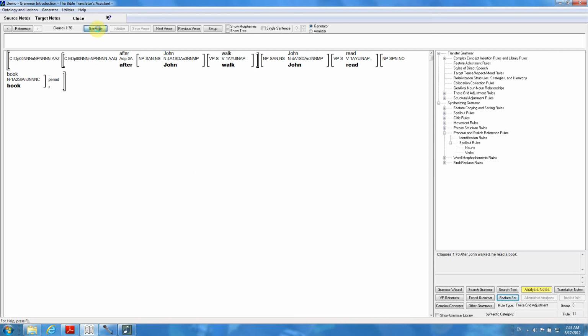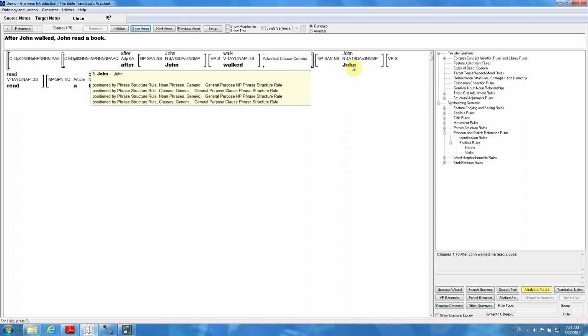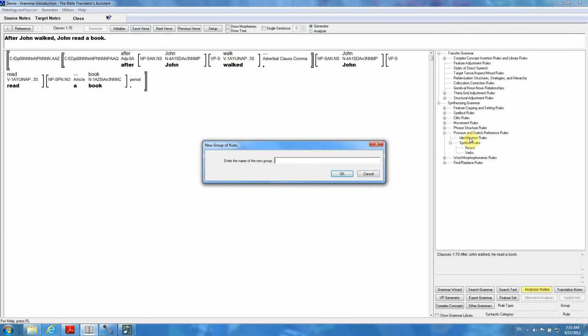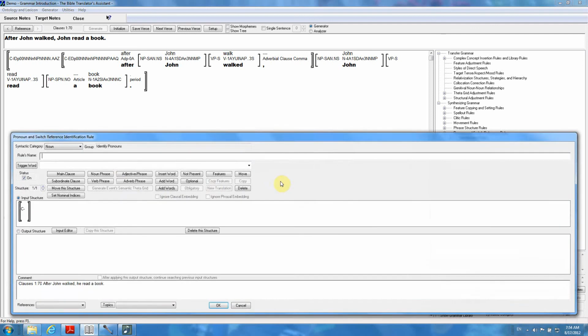I've already written some rules here that will position the adverbial clause at the beginning of the sentence, and it inserts a comma, etc. In this segment, we're going to focus on generating a pronoun for the second occurrence of John. So let's enter a group into this node here. We'll call it identify pronouns. Pronoun rules are always triggered by nouns, so we're going to select nouns.